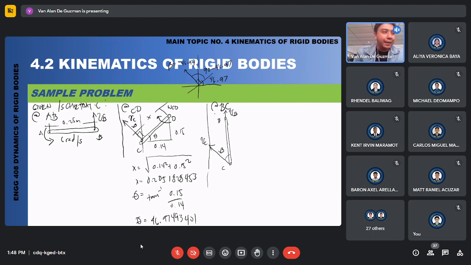So now we know the components of our angular motion. This VC right here is our general plane motion velocity. This V sub D is our translation motion, because it only goes upward. Now, what is our next step?